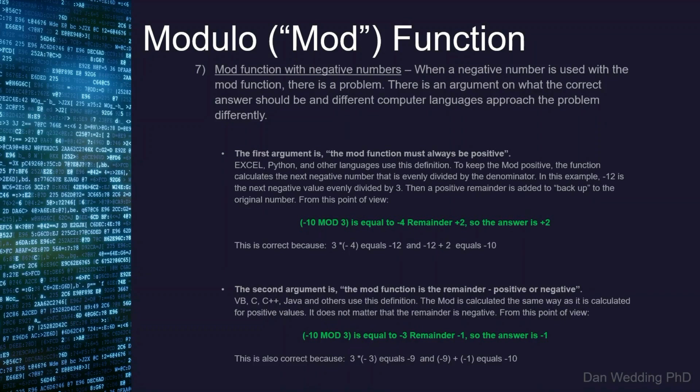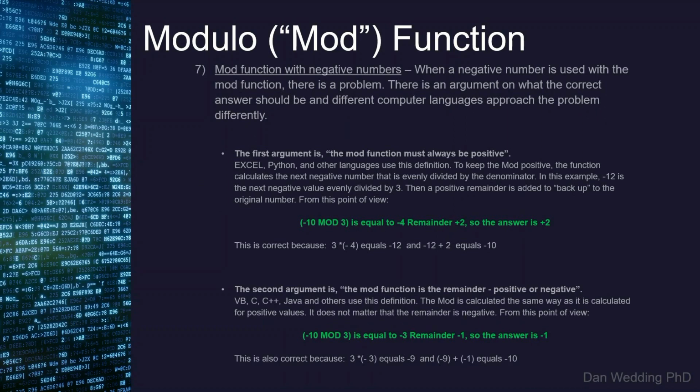To keep the mod positive, the function calculates the next negative number that is evenly divided by the denominator. In this example, negative 12 is the next negative value evenly divided by 3. Then a positive remainder is added to back up to the original number.